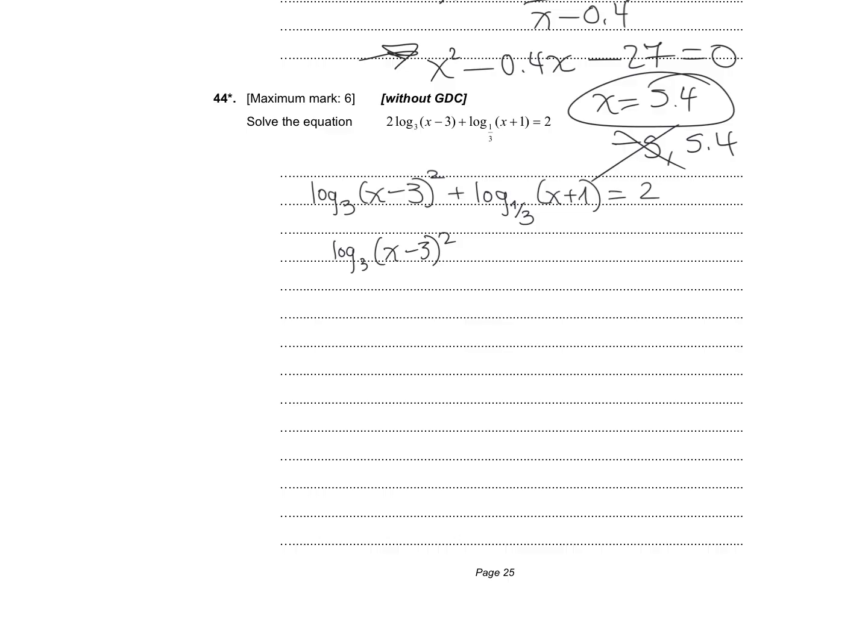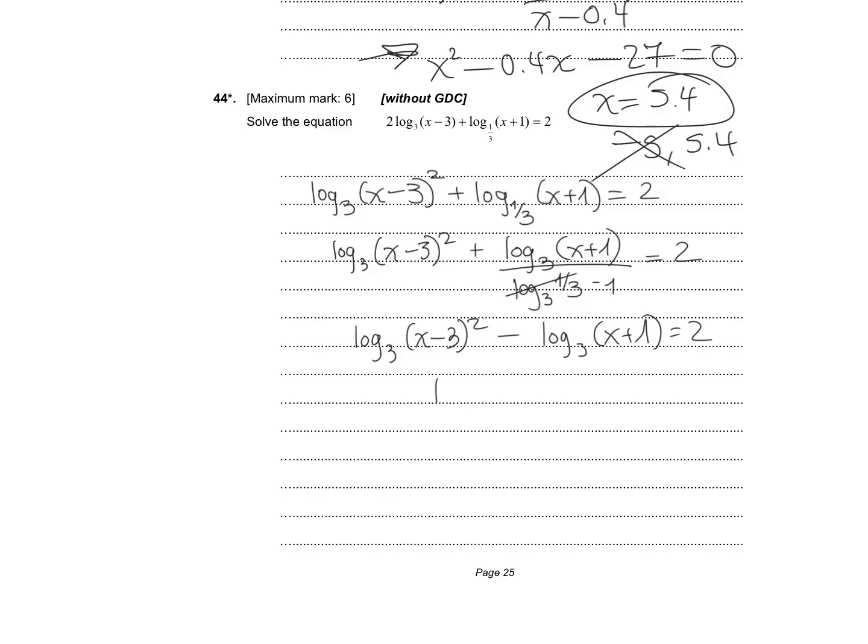So we can do log base 3 of x plus 1 over log base 3 of 1/3. And log base 3 of 1/3 is 3 to the negative 1, so this is negative 1. So we're going to minus log base 3 of x plus 1.